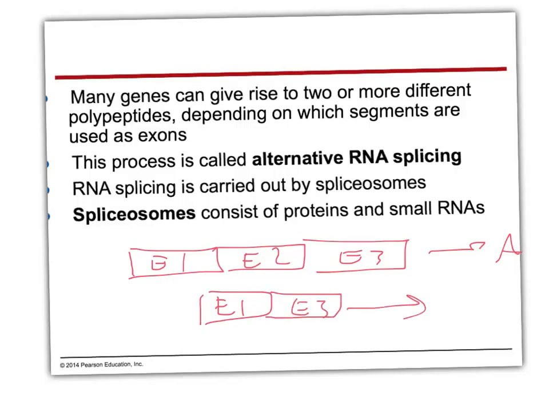What would that do? Would that give you a different protein? Yes. So it gives you a different functional protein. This is what alternative splicing is, a way of removing parts of proteins and basically changing their function.